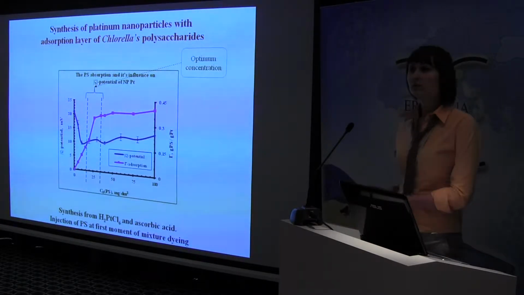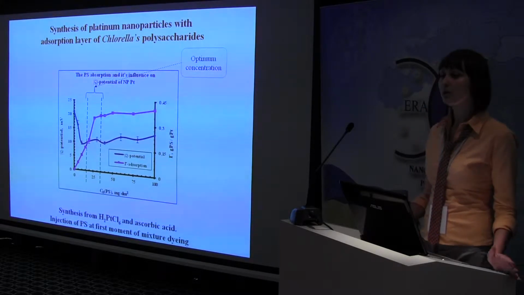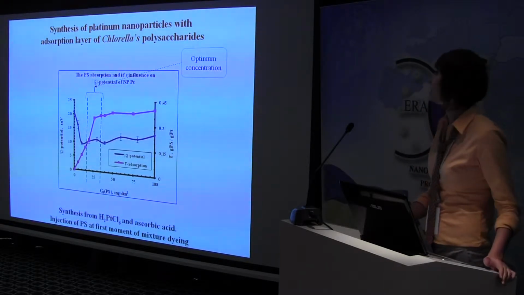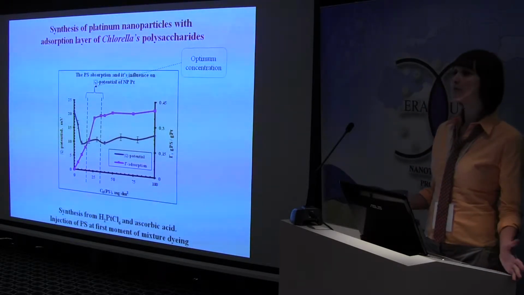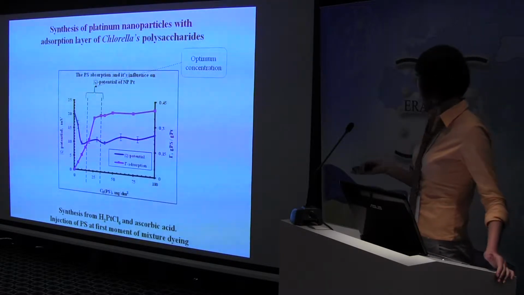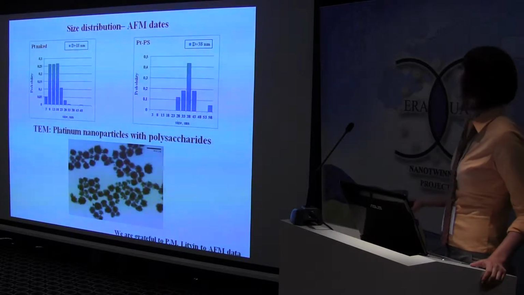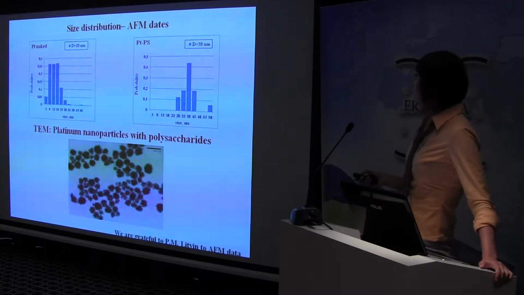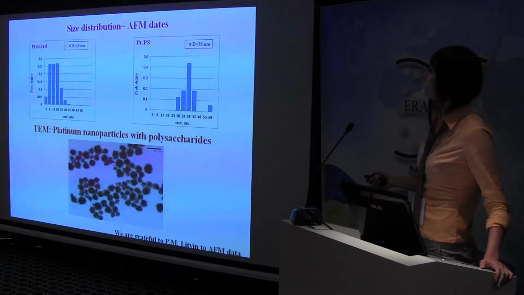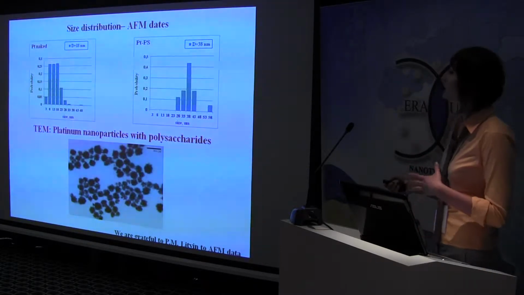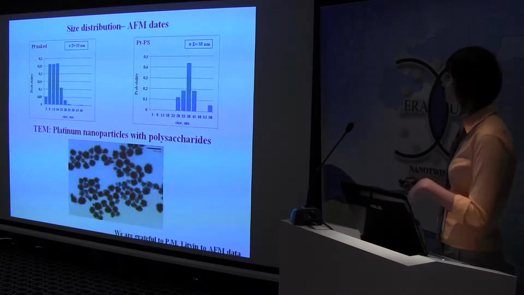As a result of this synthesis, we obtain our platinum nanoparticles coated by polysaccharides, whose size properties you can see at the end of this slide. We can see that the size of the nanoparticle after adsorption of polysaccharides increases almost twice.